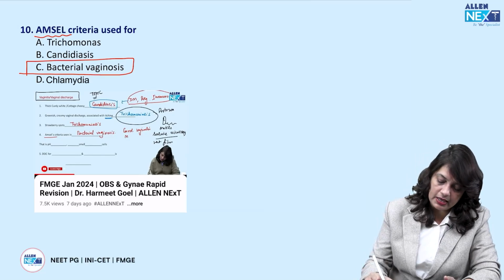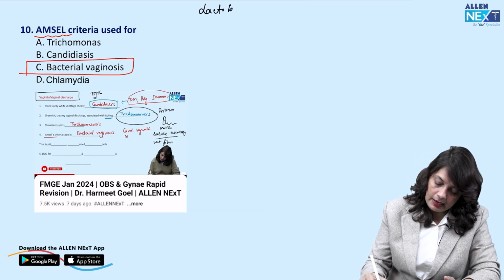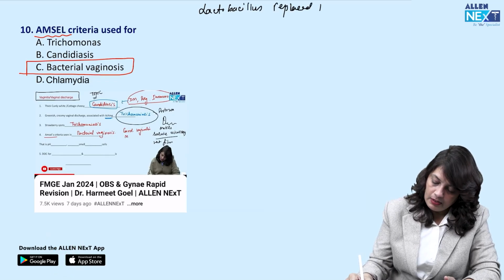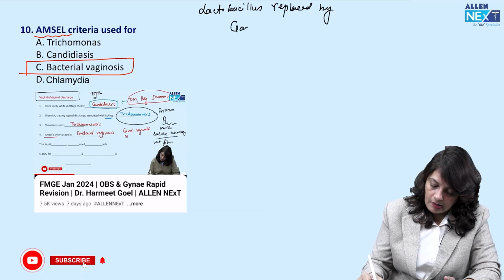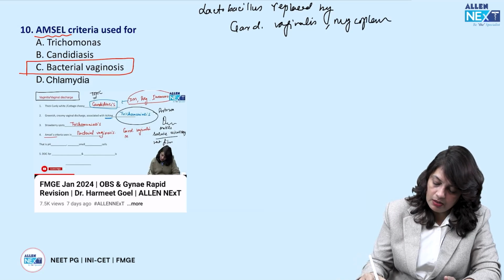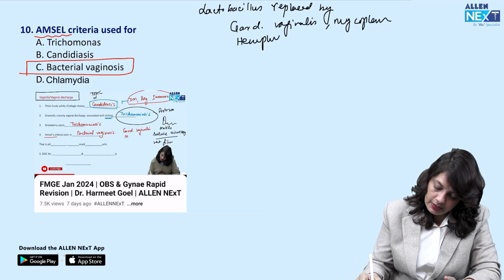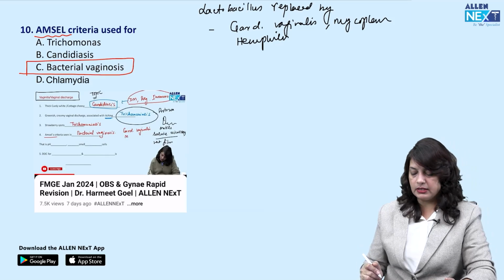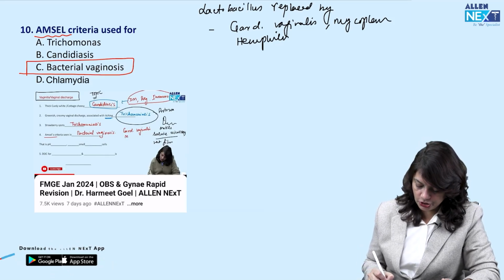Bacterial vaginosis is when the lactobacillus is replaced by Gardnerella vaginalis or Mycoplasma or Haemophilus. Okay, so that is bacterial vaginosis.